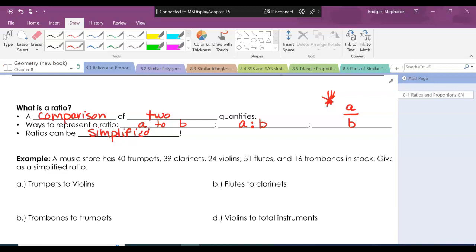All right, so the first ratio that they are wanting us to write is comparing the number of trumpets to the number of violins.